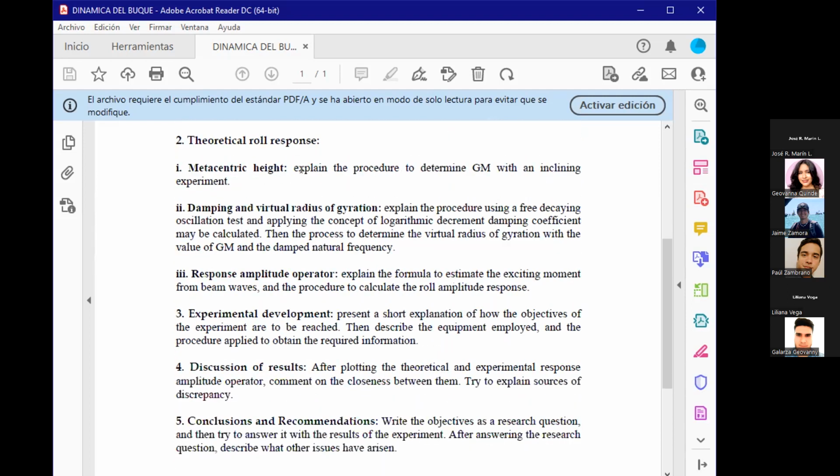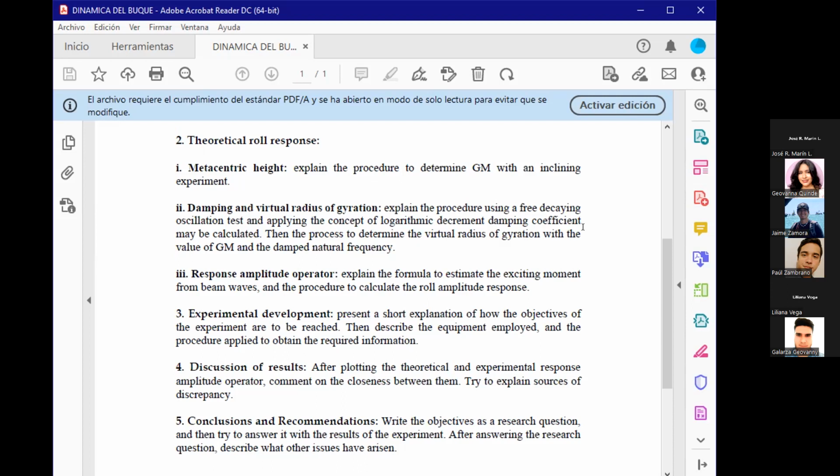Now, here we have the theoretical calculations. You have to calculate the GM. This is something that you already have done. Then you take the free decaying results, right? You apply the logarithmic decrement in order to find the damping coefficient. So you get zeta.